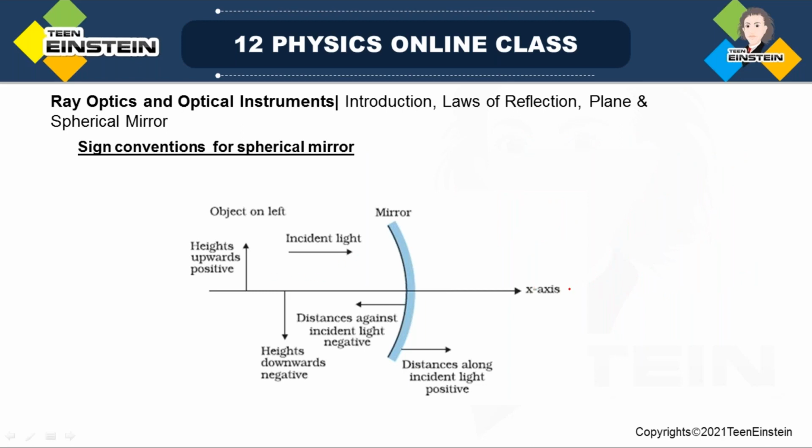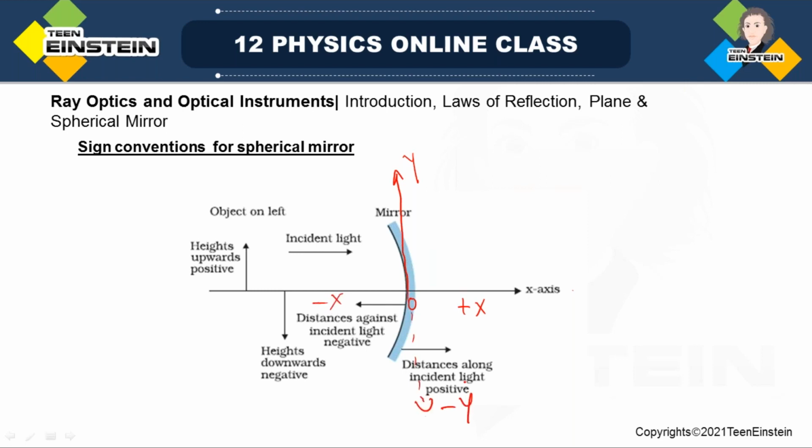We'll see what are the situations when we can take the distances as positive and when negative. Look, if I say this is the x-axis, and the perpendicular drawn to this x-axis through this pole is the y-axis. Suppose this is the origin, this is the positive x-axis and this side is the negative x-axis.